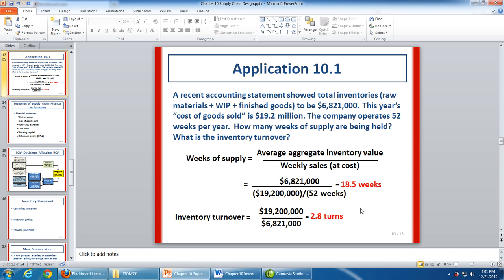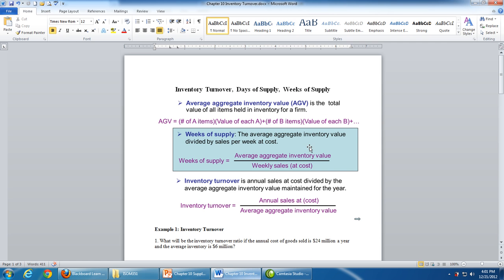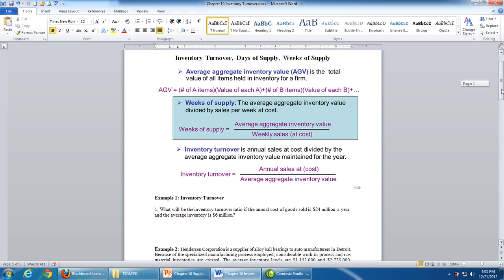Okay, with this example, we are going to do exercises. You can see there's a formula available on the top also. First question asks what is the inventory turnover? As you know, inventory turnover equals annual sale divided by average inventory.